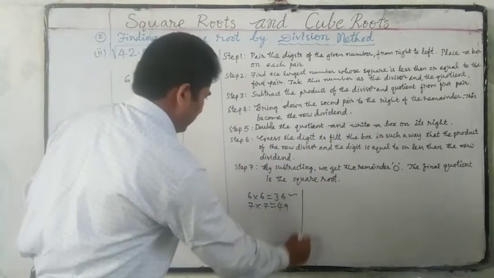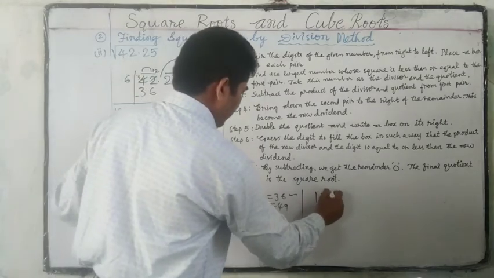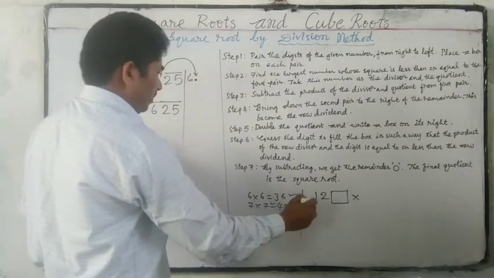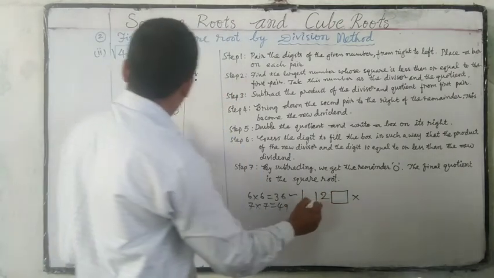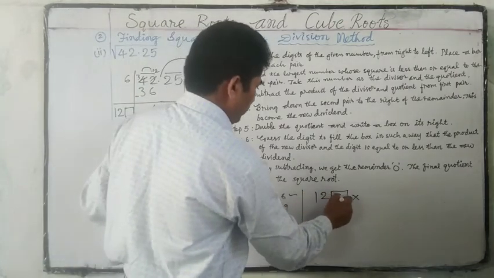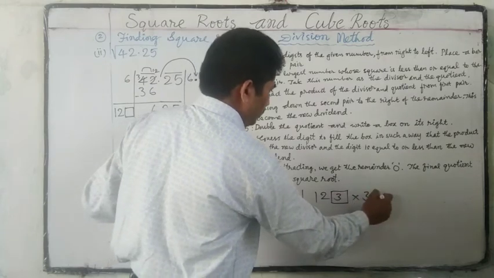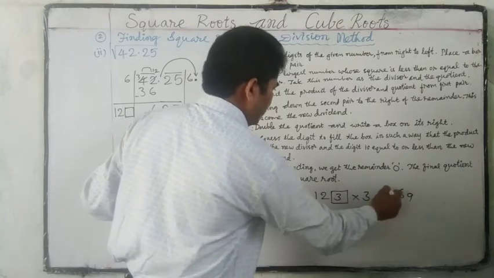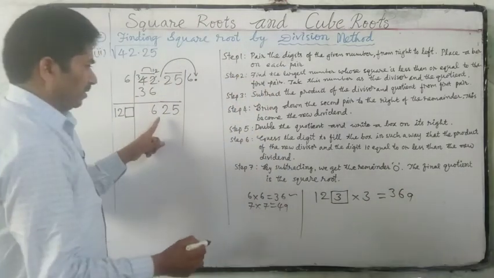So like this we have to guess 12 into here. If we keep 3, here also write 3. 3 3s are 9, 3 2s are 6, 3 1s are 3, 369. So less.